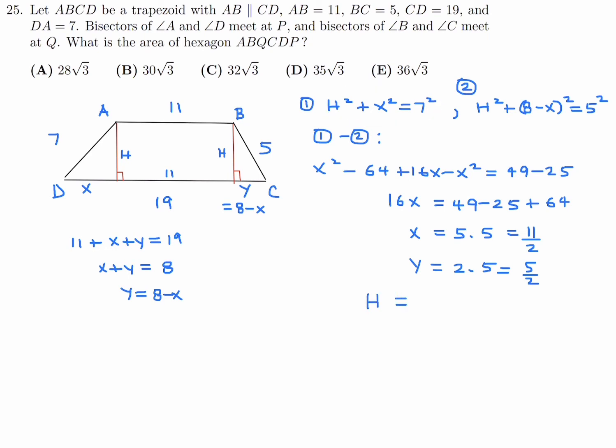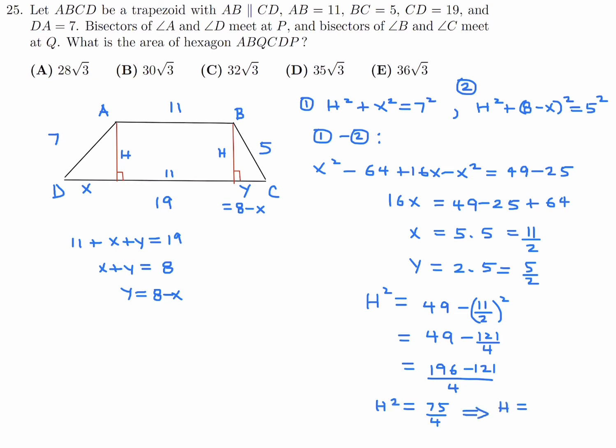H, plug it back into any of these. And you get, let's see here, 49 minus x squared, so 11 over 2 squared, like that, is h squared. So this becomes 49 minus 121 over 4, again a common denominator, 196 minus 121 over 4, and that is going to be 75 over 4 is h squared.